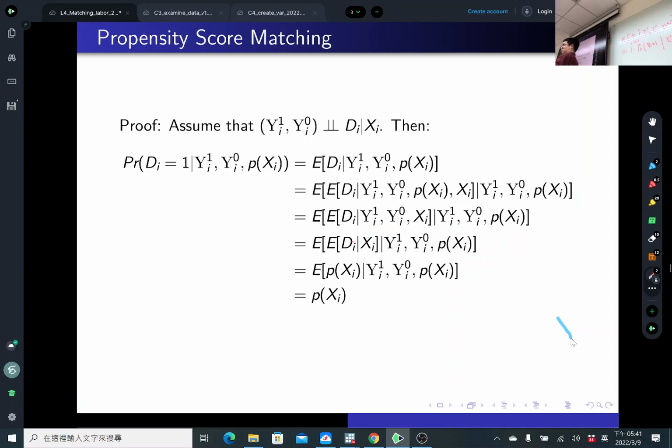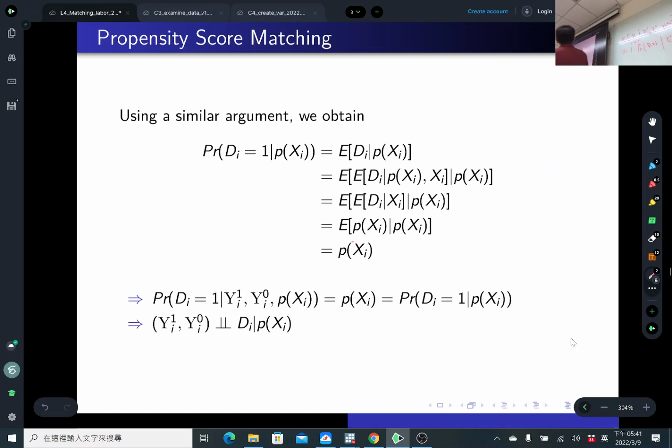It's already fixed. And this one equal to the propensity score is again due to the expectation definition. That will become P of X, because given P of X, this directly gives you these terms.